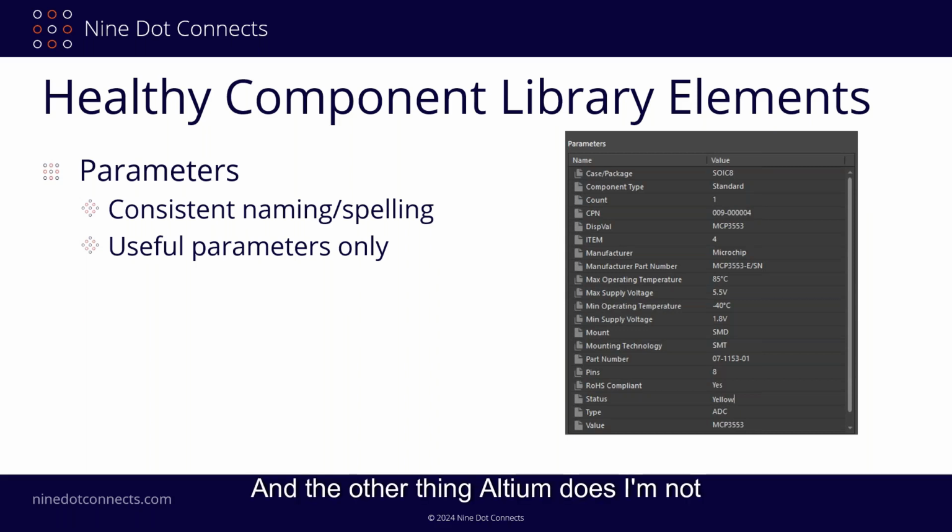The other thing Altium does, which I'm not really thrilled about, is that in their templates there's a way of forcing the value to be a number. For instance, for max supply voltage, 5.5, all you have to do is type 5.5 and it automatically adds the volts. The only problem is sometimes you want a value to be almost like a description.